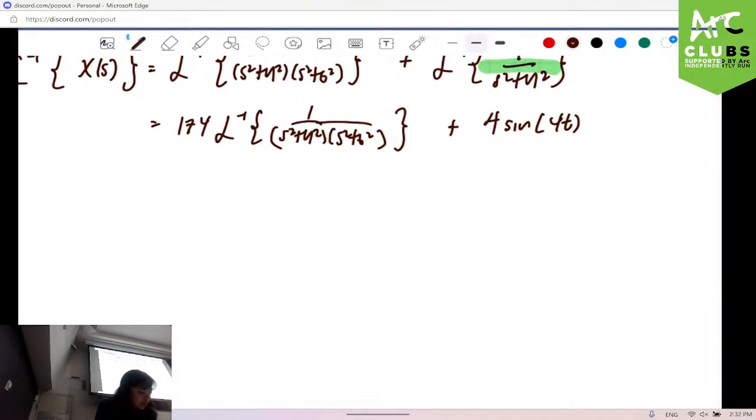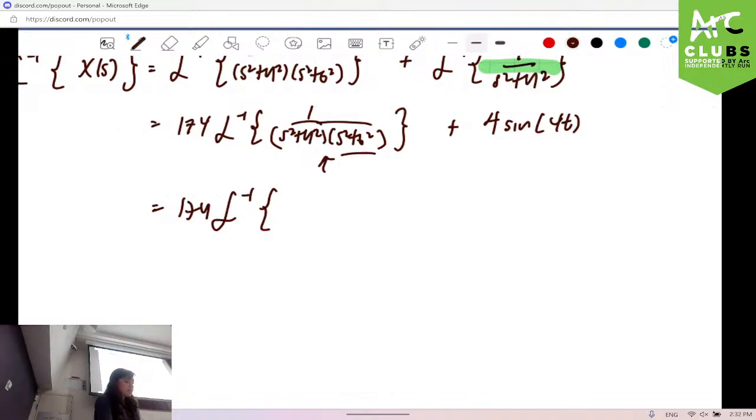So now we're going to do partial fractions, right? The partial fraction is going to give you 1 over 20 for the first one, minus 1 over 20 for s squared plus 6 squared and 1 over 20 for s squared plus 4 squared.